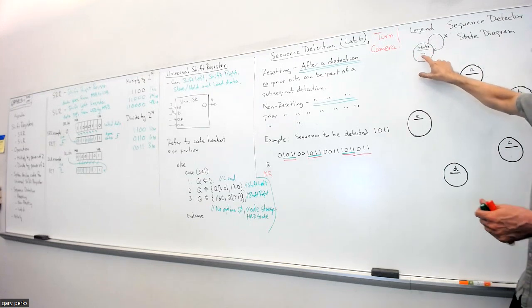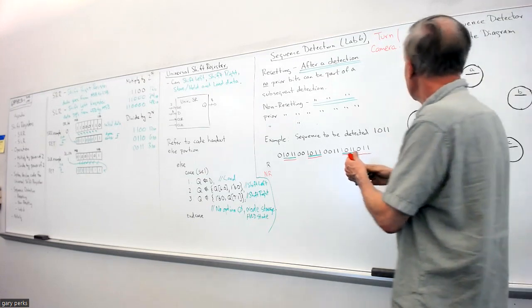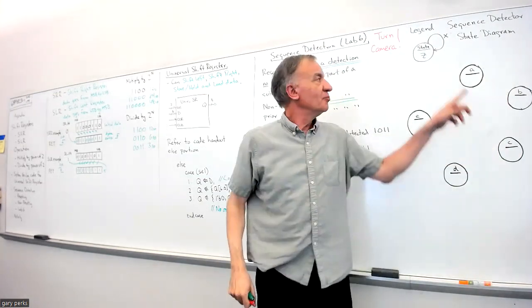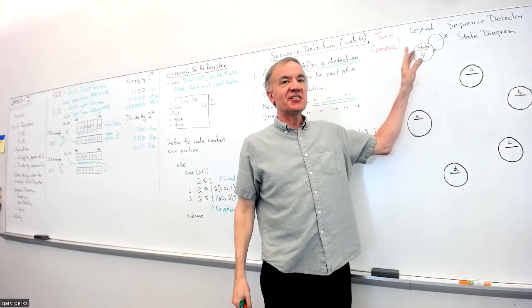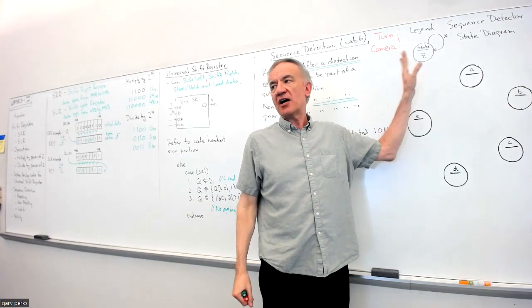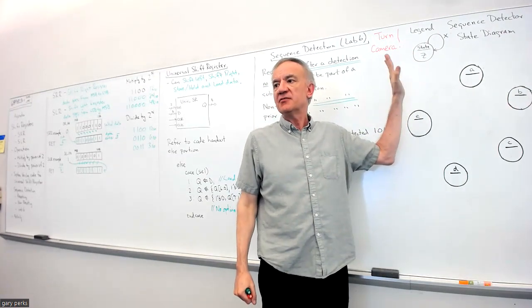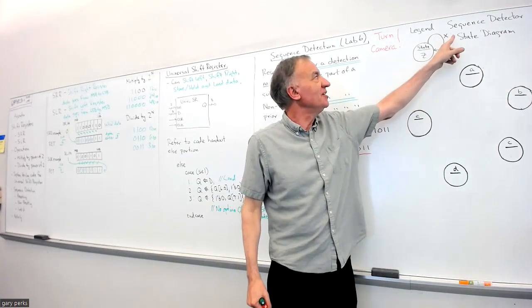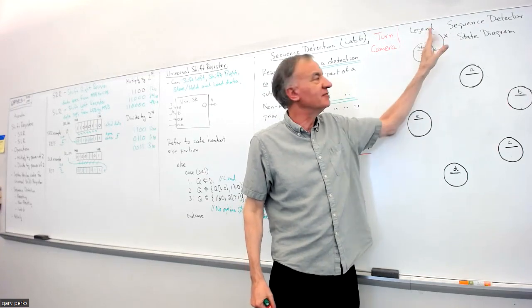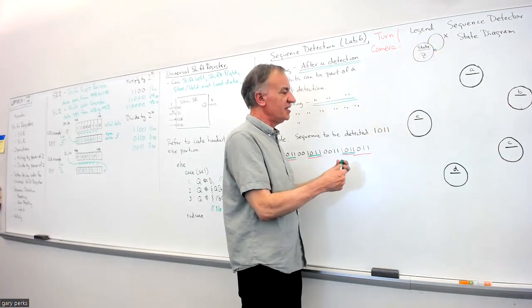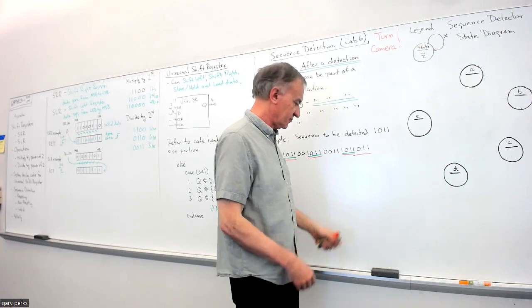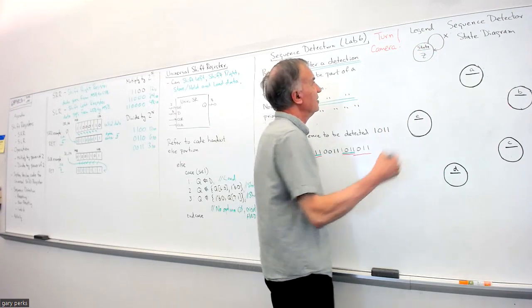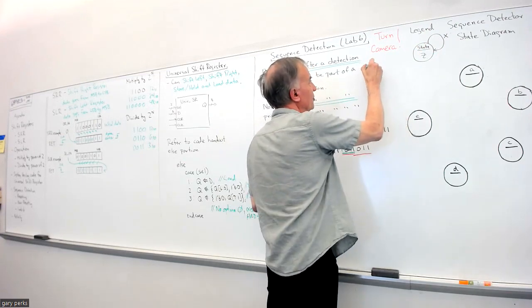A Moore output, exactly. This Z is the Moore output. Moore outputs go inside the circle because the circle represents a state, and Moore outputs only depend on what state you're in. If we had a Mealy, it would be out here. But this is the Moore. So Z is a Moore output.